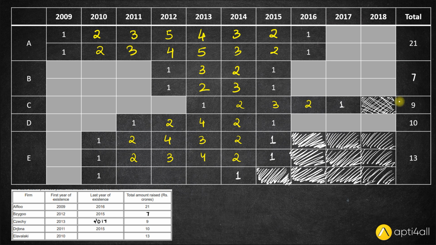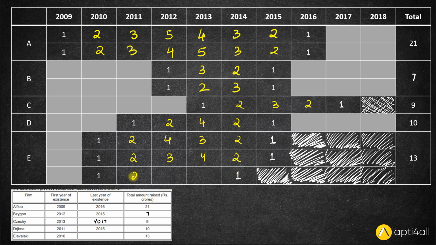Was that possible or not? That 19 was not possible. Hence, beyond 19 is not possible. 18 was not possible. Then 17 was possible. Then we checked for 16 also. 16 was not possible, and before 16 was not possible. So we are doing the same thing for E as well. Now, considering that the last year of existence for E is 14, that means in 14 it raises 2 crores.